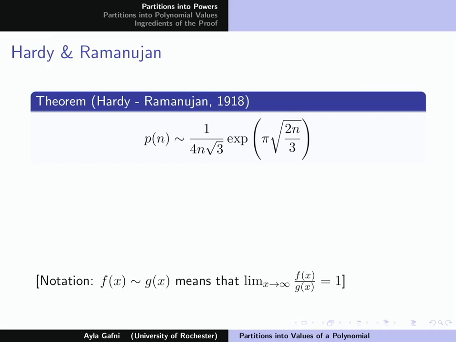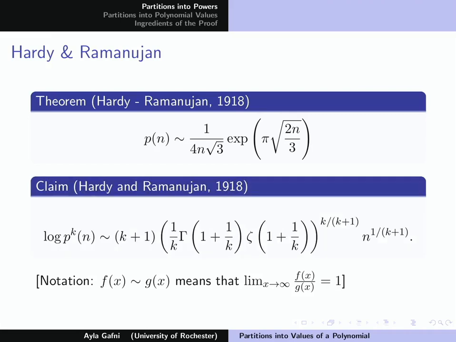And in that paper, they stated a lot of other problems that could be solved using their new method. And one of the problems that they mentioned was partitions into kth powers. And so they claimed without proof this asymptotic growth for log of p_k of n, where you're looking at the partitions into perfect kth powers.